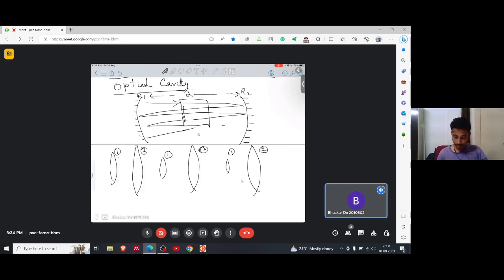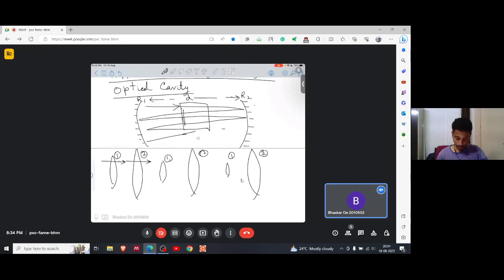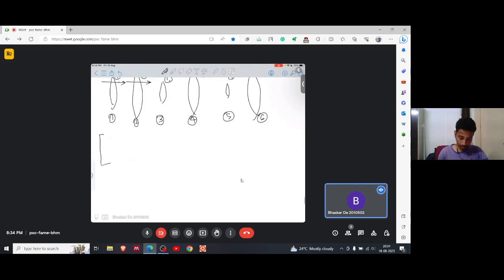When I say it is reflecting from R2, it is actually going through lens 1, and when I talk about R1, it is going through the second lens. So this is the first reflection, second, third, fourth, fifth, sixth reflection. From here we can have a matrix for each of these.